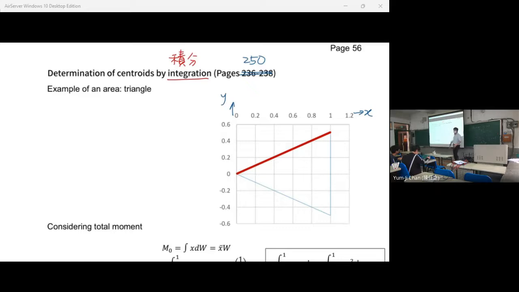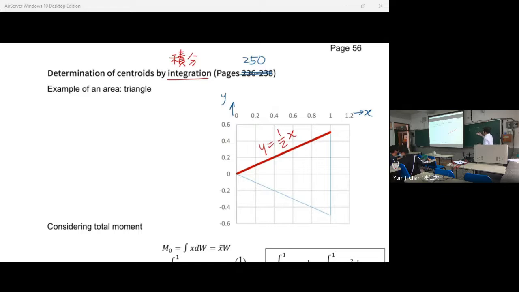What is the equation for this line? I think in junior high school you have learned y equals mx plus c, right? So here, how do we write this one? Y is equal to half of x, okay?